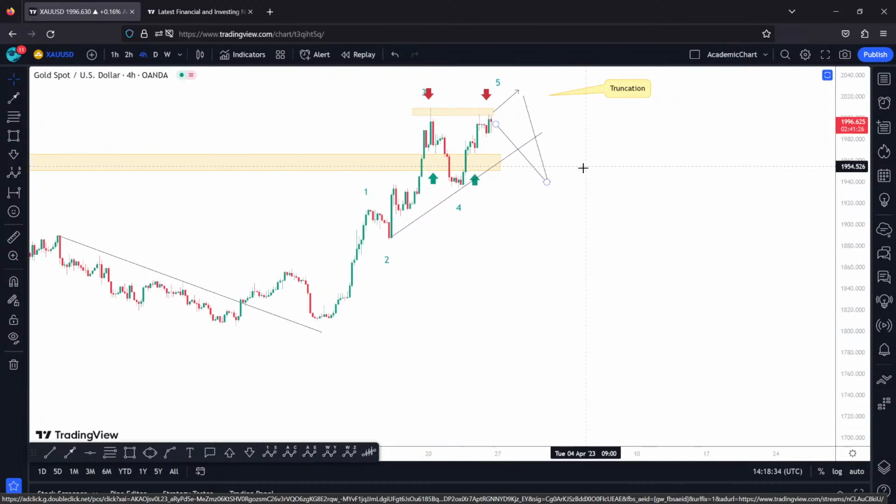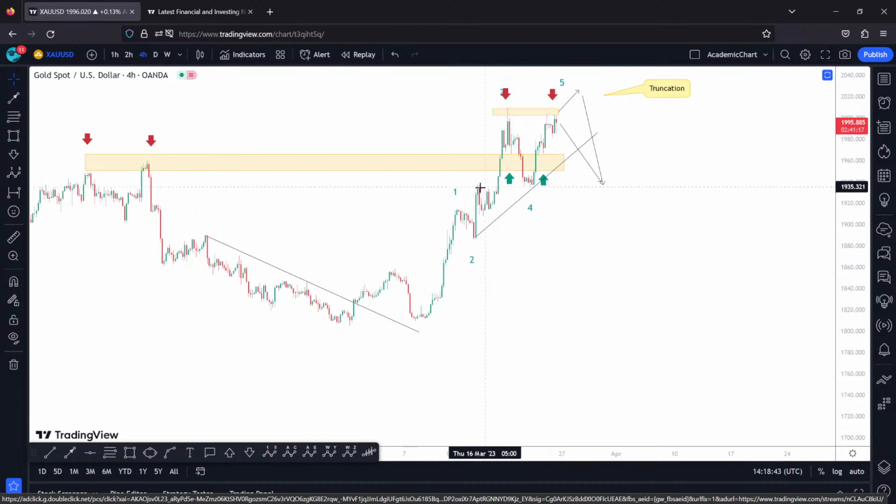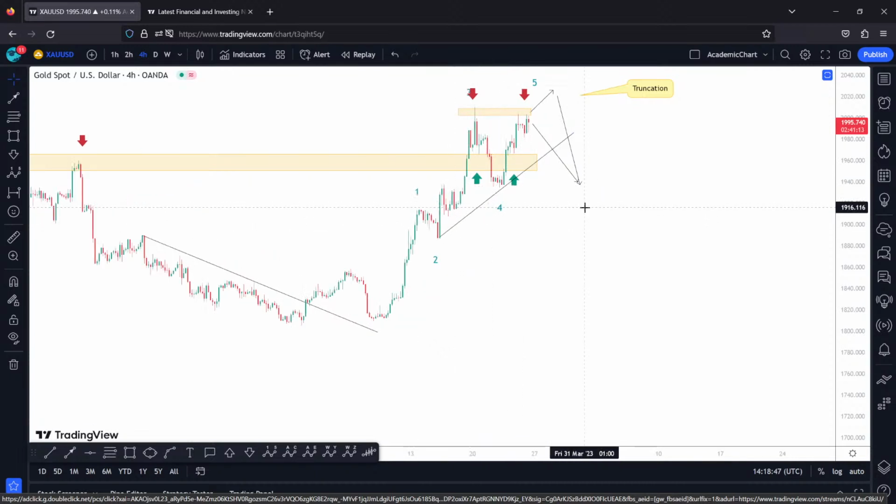So anyhow, very shortly we might see a continuation, but I'm expecting a reversal down to a level somewhere, maybe to the top of this point or the top of the first wave here. But as a short conclusion on the hourly, I'm expecting a reversal.